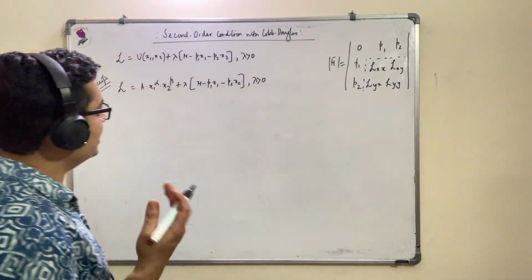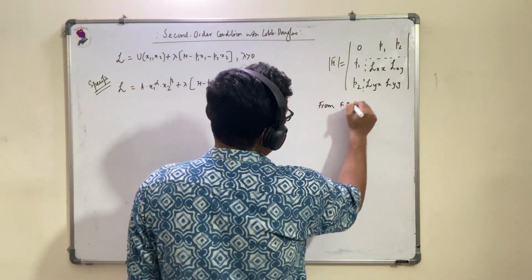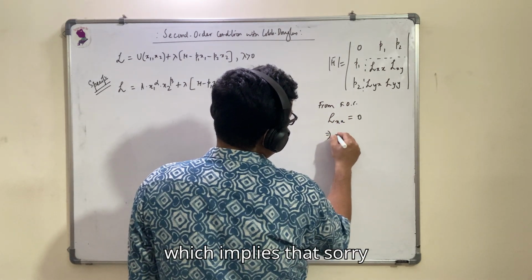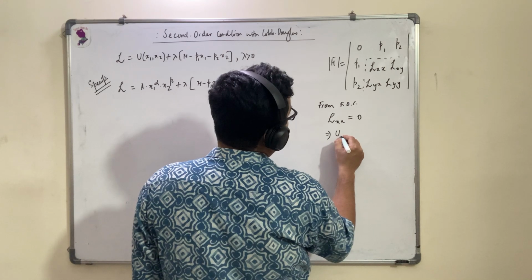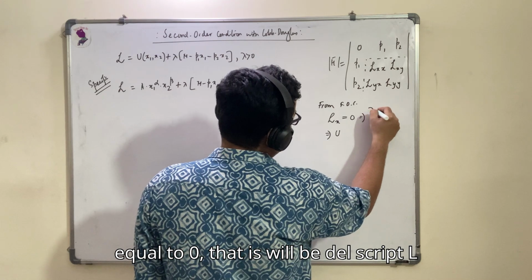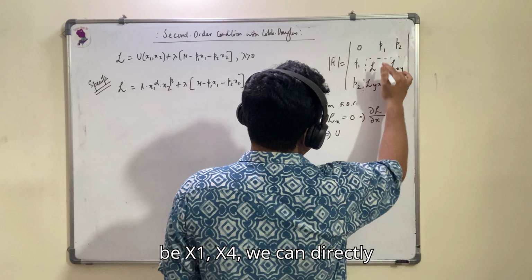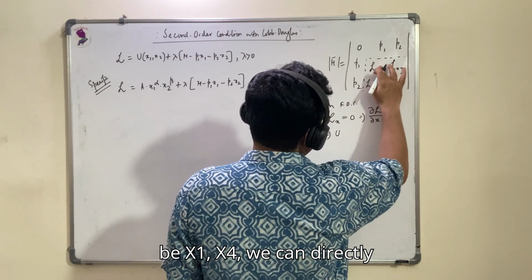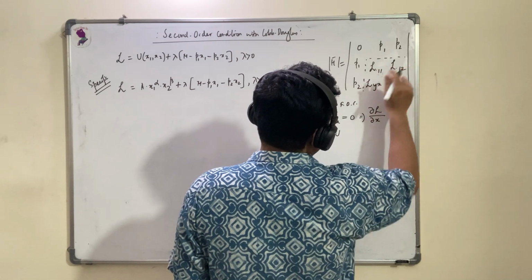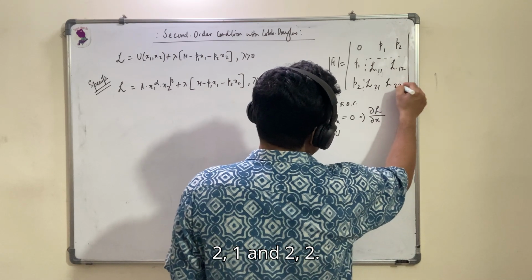Now, again, from the FOC, we start with Lx equal to 0, that is del script L, or according to our notation, we can directly write 1, 2, 1, 1, 1, 2, 2, 1 and 2, 2.